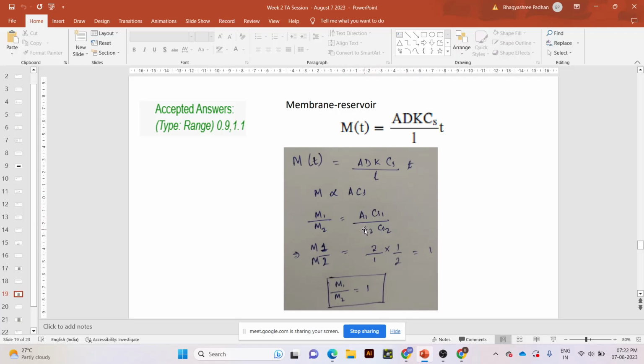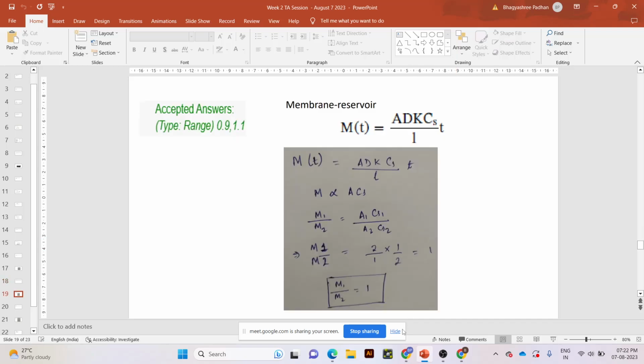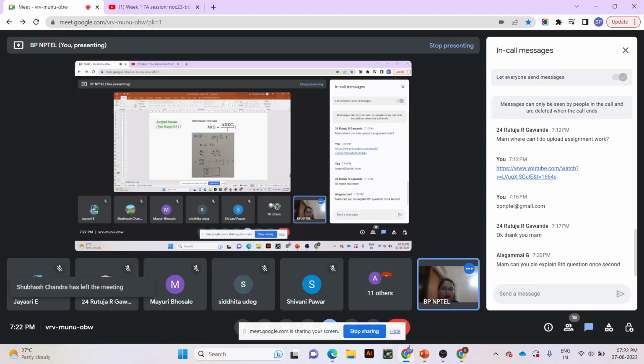A1 by A2, the drug releasing areas ratio, which is 2:1, into CS1 by CS2, which is loading concentration ratio 1:2. So M1 by M2 will be equal to 1. So the answer for this question is 1, and the ratio of the mass of drug released in these two reservoir systems is 1. I hope I answered your question.